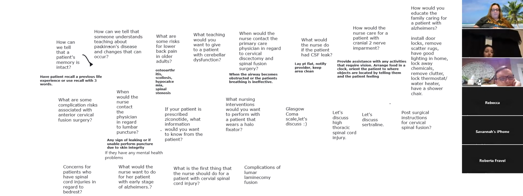Okay, so Parkinson's disease. What is the key feature of this disease? What will you notice? What will you see? Tremors, shuffling gait, slow movements. Yep.